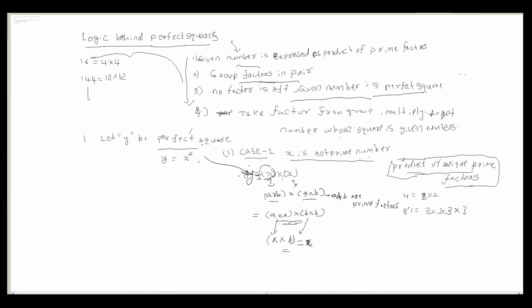In order to get this, you have to take one factor from each pair and we are going to get x again. This is the logic behind the steps to be followed in factors.